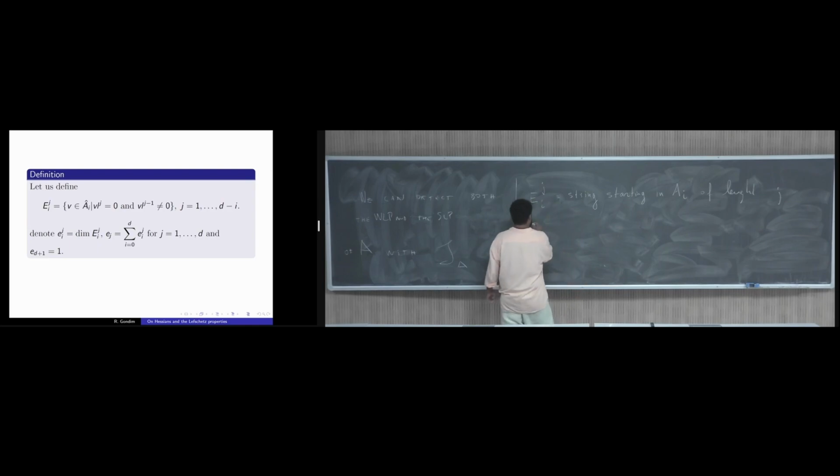So Aij is the number of strings starting in AI of length J.